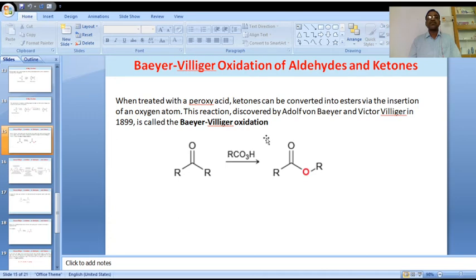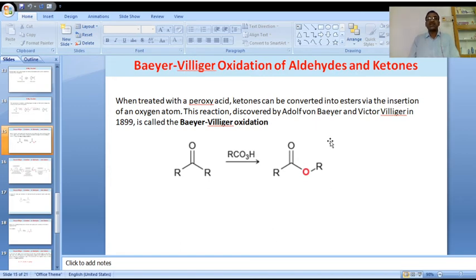Here, a ketone can be converted into an ester, where the ester has a substituted oxygen atom, via the insertion of an oxygen atom.